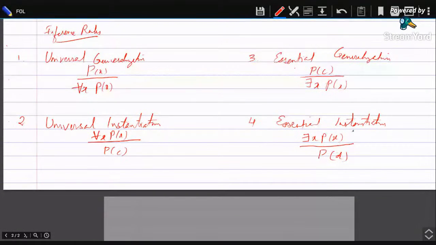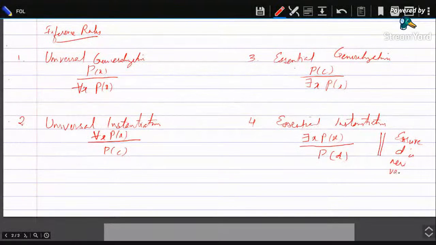Now while using this, just ensure that d is a new variable or constant. Don't repeat it.